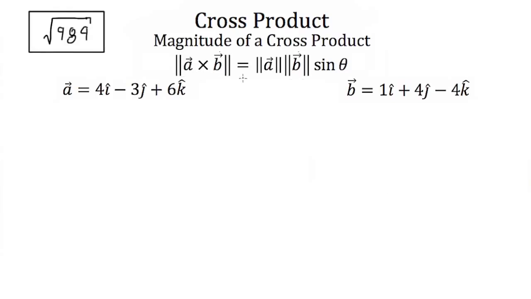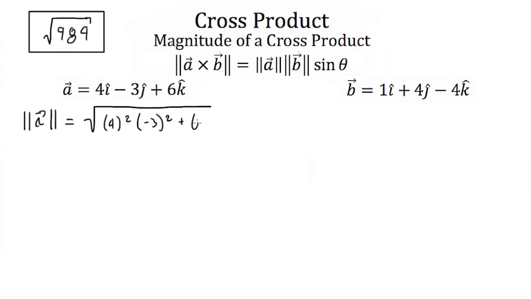Now let's try calculating the magnitude the other way. Let's find the magnitude of vector A, vector B, and then the sine of the angle between them. First we'll find the magnitude of vector A. That's equal to the square root of 4 squared plus negative 3 squared plus 6 squared.